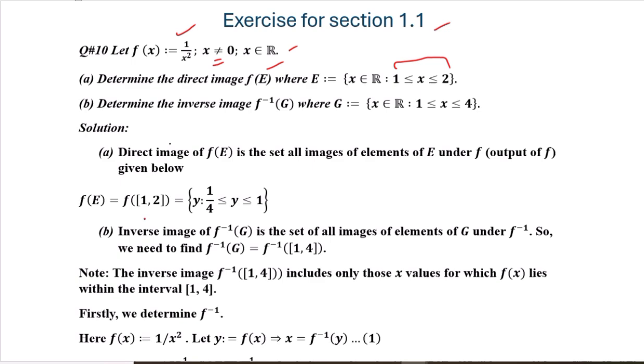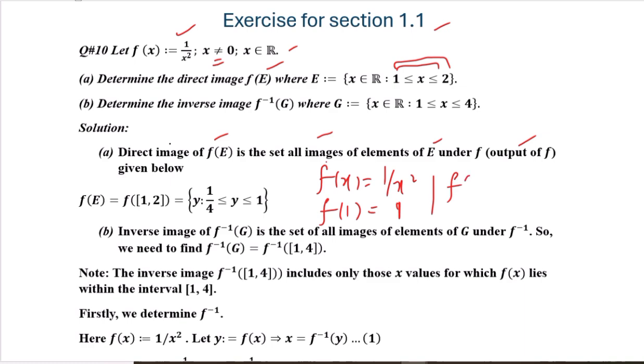As I said above, the direct image of f of E is the set of all images of elements of E under f, or simply these are the outputs of f. It can be defined simply by taking f over these values. For example, my function is f of x is equal to 1 by x square. When your starting value of x is 1, it gives us 1.